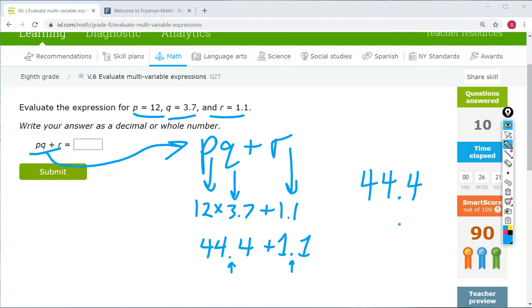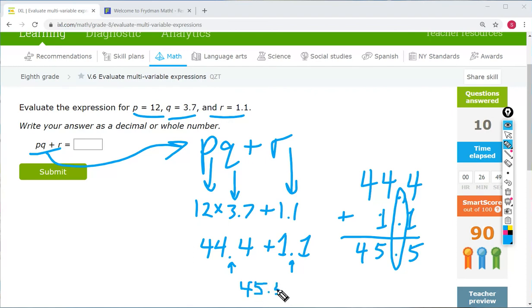So this would be plus 1, because of this plus sign, plus 1.1, just like that. Notice how the decimals are lined up here. So 4 plus 1 is 5, 4 plus 1 is 5, and 4 plus nothing is 4. So we're going to get 45.5. And then we're done.